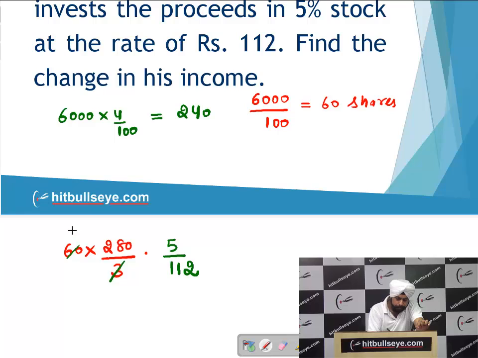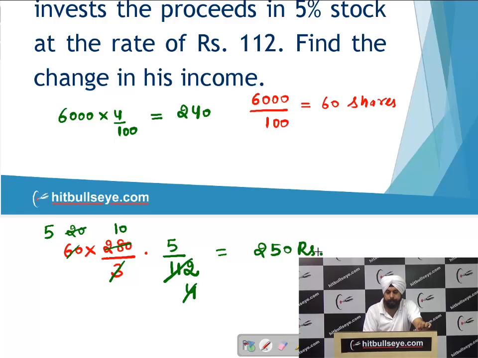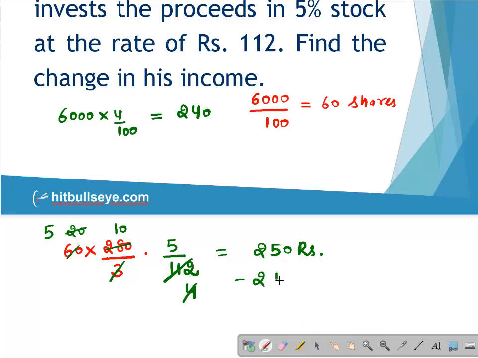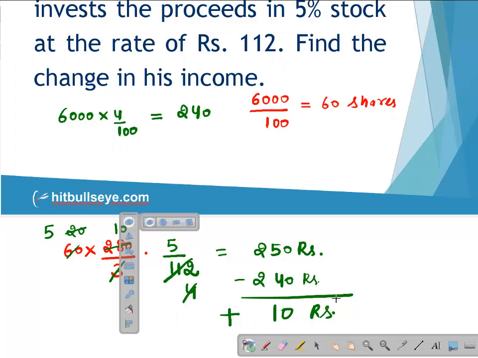This is 320. Now 28 into 10, this is 28 into 4. 4 5s is 20. So 5 into 10 into 5, an income of 250 rupees. And in the earlier case, as we can see, there was an income of 240 rupees, students. So that means his income basically increases by 10 rupees. So 10 rupees shall become your answer for this question.